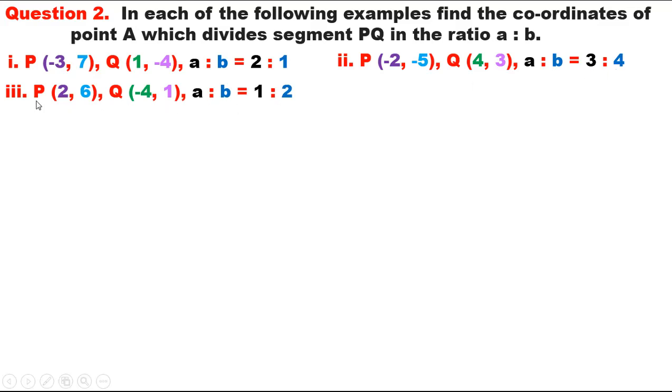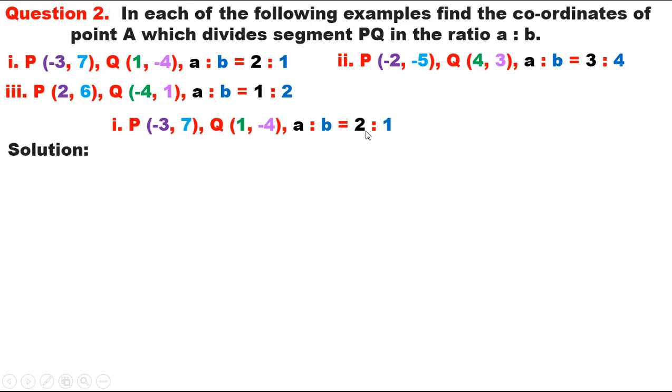Third example, the coordinates of P are (2, 6), the coordinates of Q are (-4, 1), and the ratio a is to b is 1:2. First example, the coordinates of the point P are (-3, 7), and Q is (1, -4), and the ratio a is to b is 2:1.